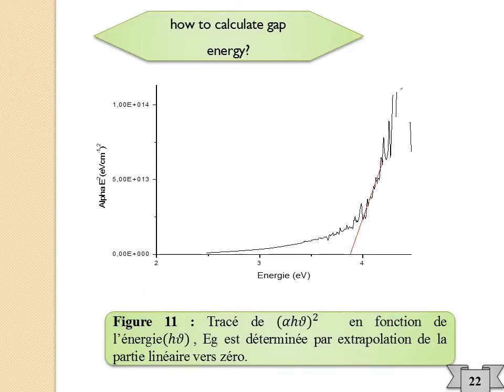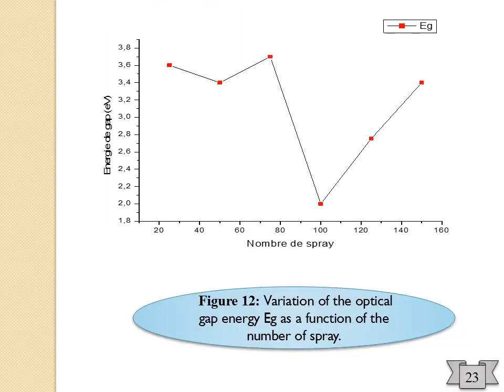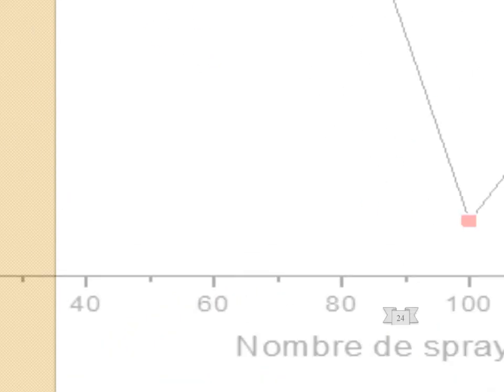How to calculate a gap energy? We plot alpha h nu power 2 as a function of the energy h nu, and the gap energy is determined by exploiting the linear part towards 0. The last figure represents variation of the optical gap energy as a function of the number of sprays.